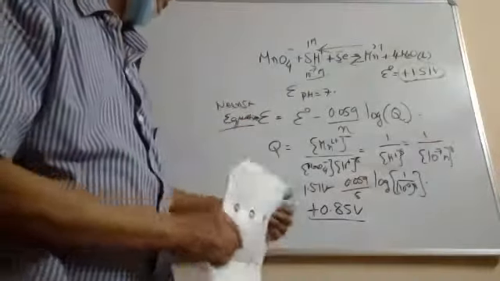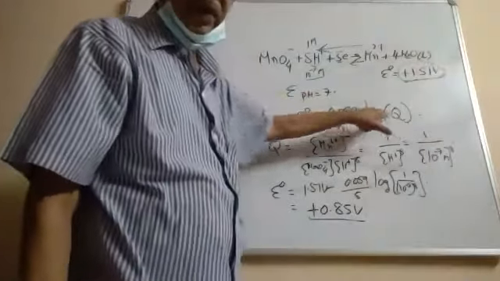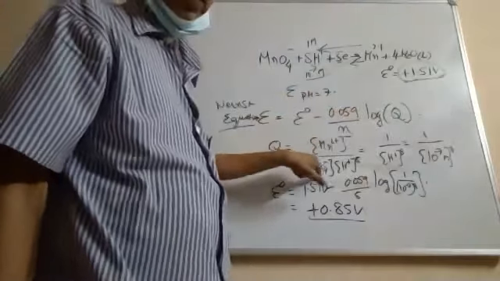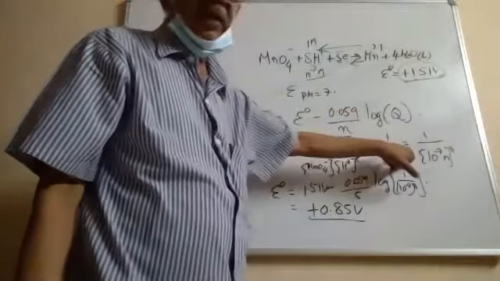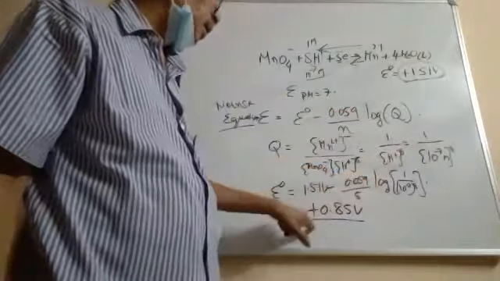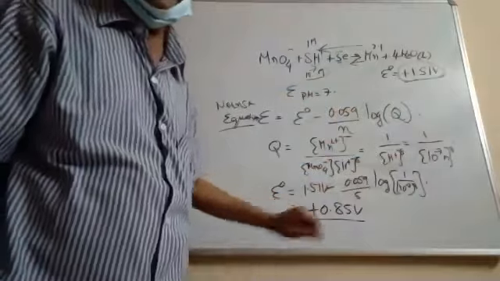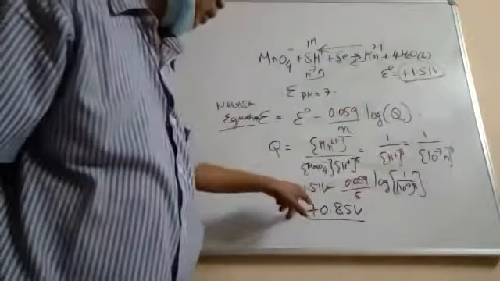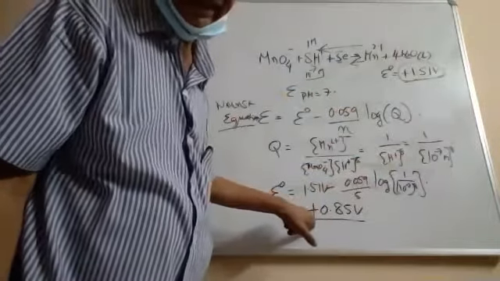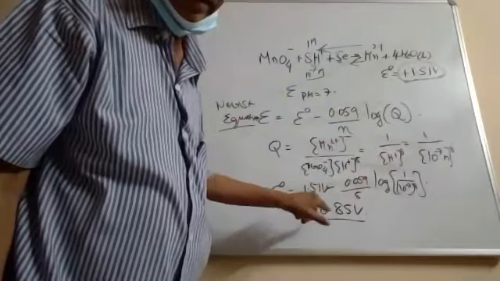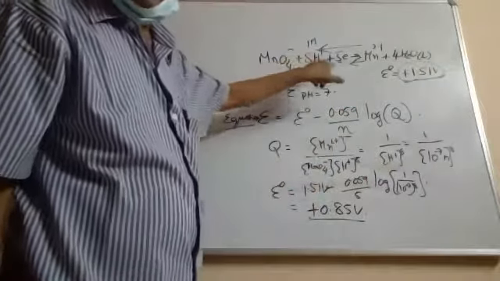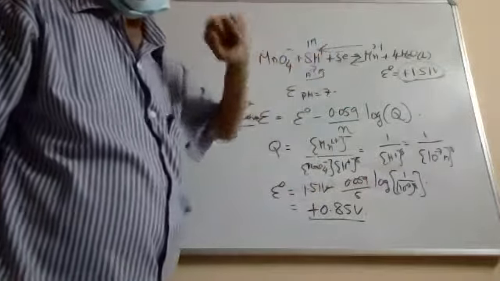We start with the Nernst equation and then write the expression for the Q and then substitute all the concentrations and get a value for the Q, plug it into this equation, and then calculate the potential. That's all it is. And make sure that whatever potential you get makes sense. And the way it makes sense is looking at what is changing in this equation.